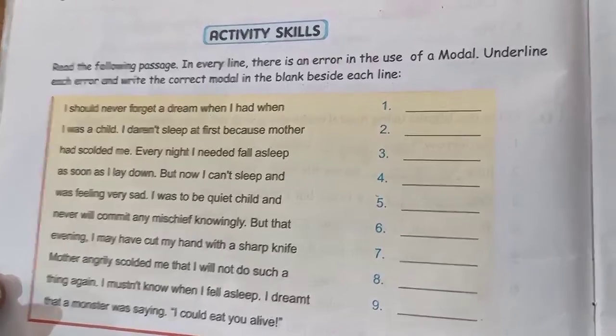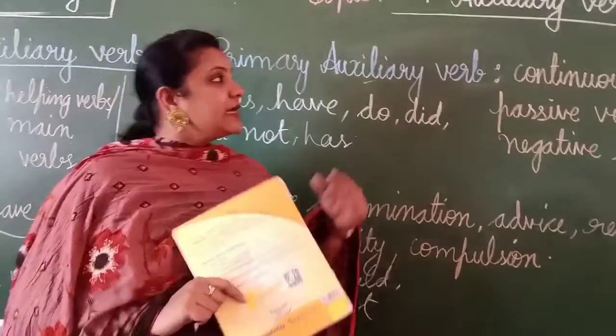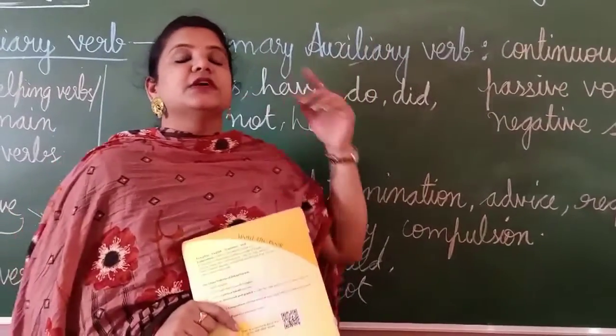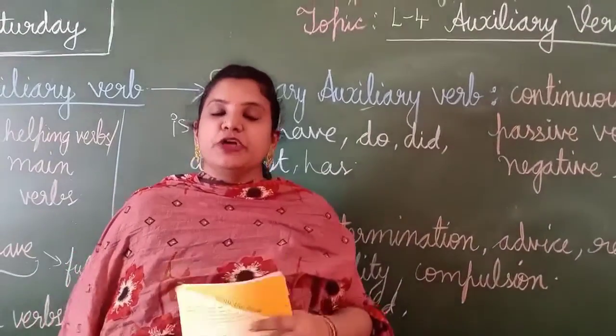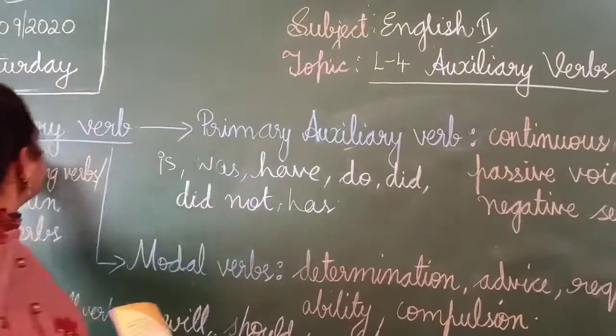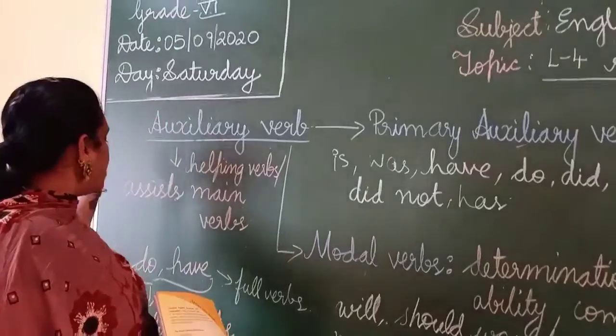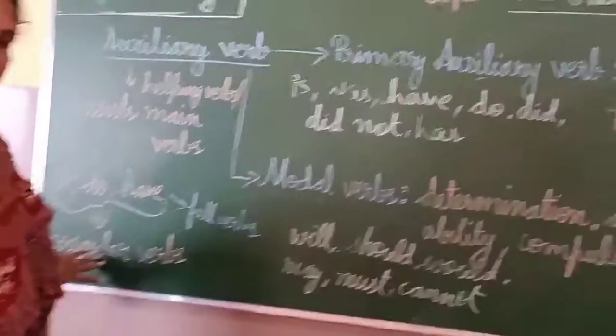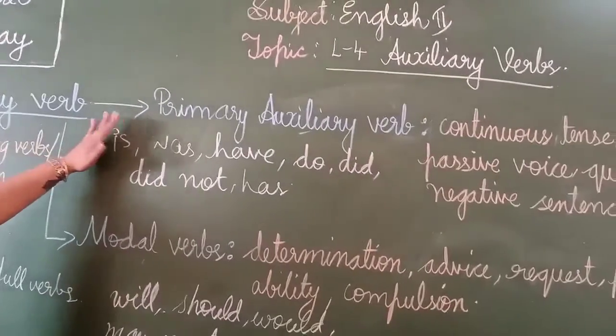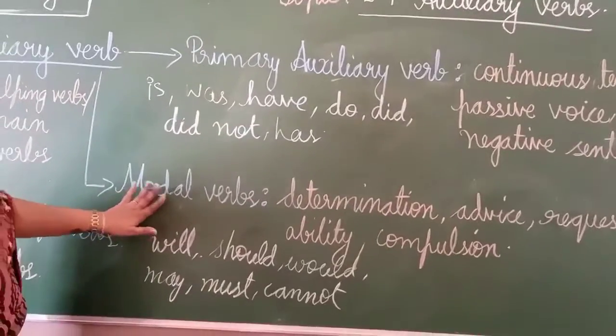Okay children, this completes your lesson for verbs, auxiliary verbs. The key points you have to remember are what auxiliary verbs are, and what irregular verbs are. Then remember the two types of verbs, primary auxiliary verbs and modal verbs.